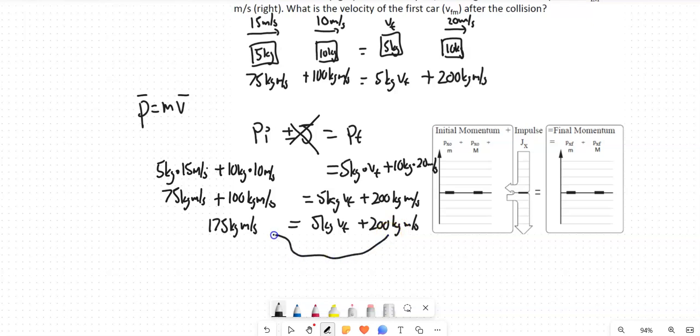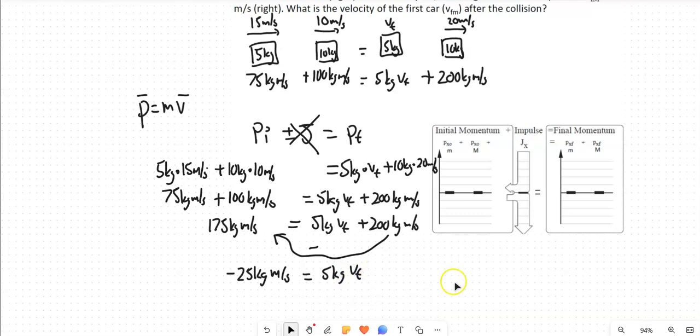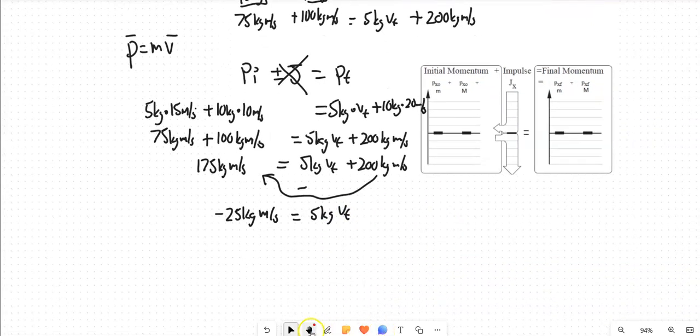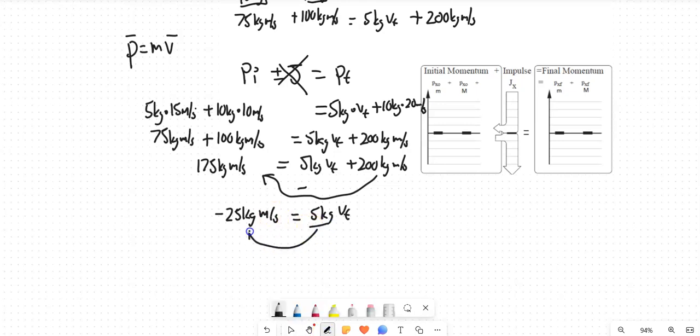Now we're going to subtract this onto the other side, and when we do that, that's going to be negative 25 kilogram meter per second equals 5 kilograms V final. Then you just divide this onto the other side, which gives negative 5 meters per second as the final velocity.